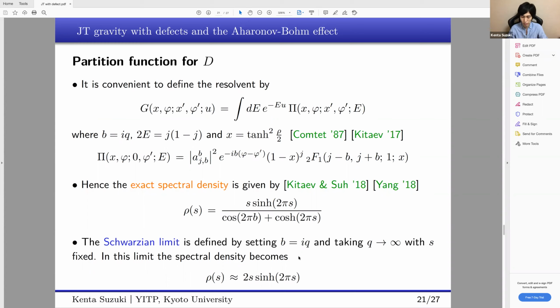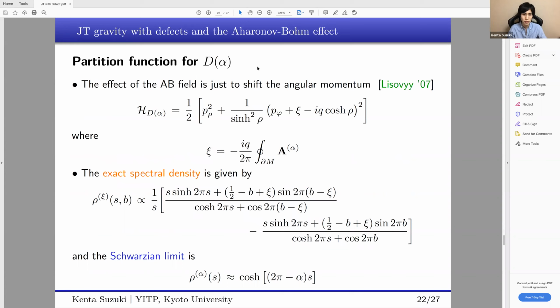For example, directly solving Schwarzian theory, or dimensionally reducing from Liouville theory or BTZ black hole and so on. However, we note that this exact expression, which is valid for any temperature, is only obtainable in this charged particle picture. So this is one advantage of this picture.